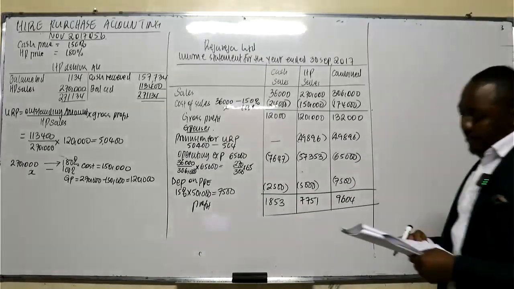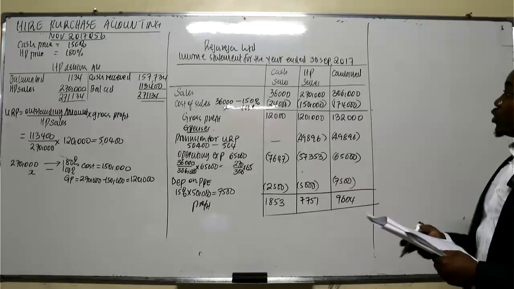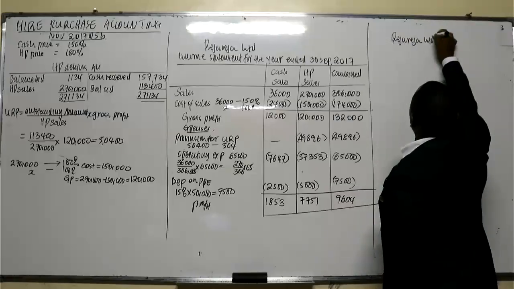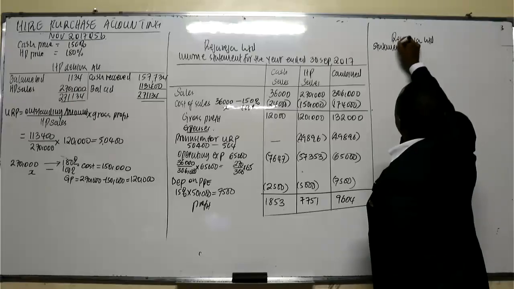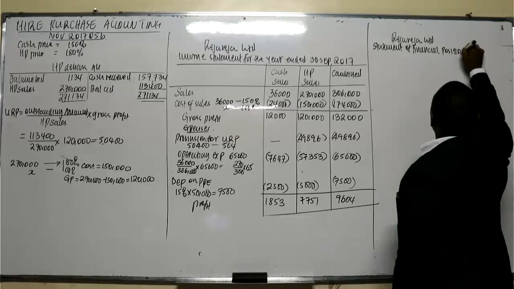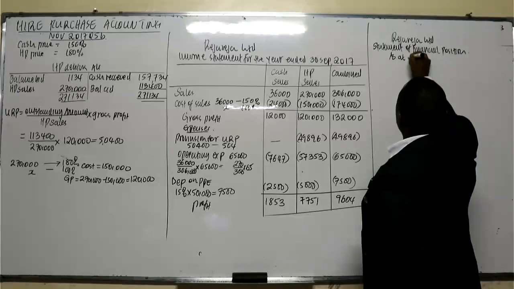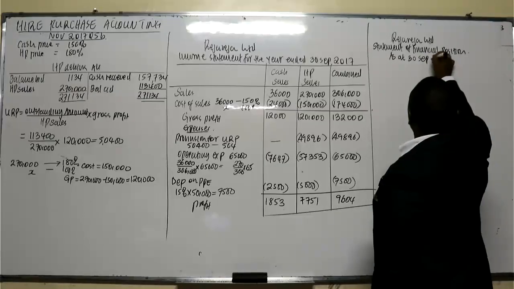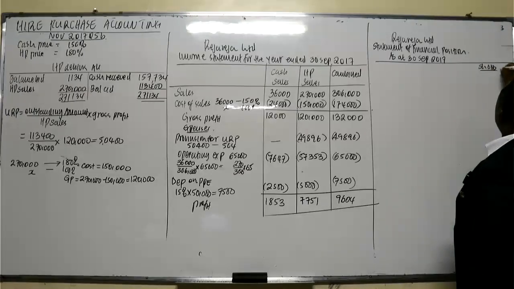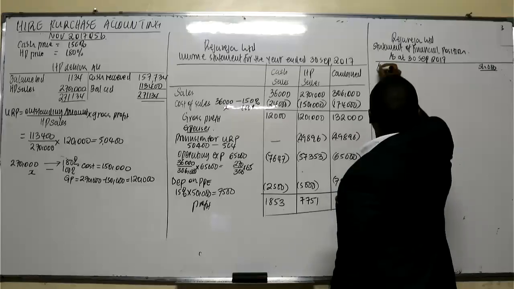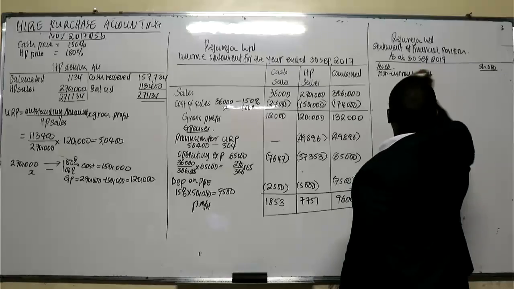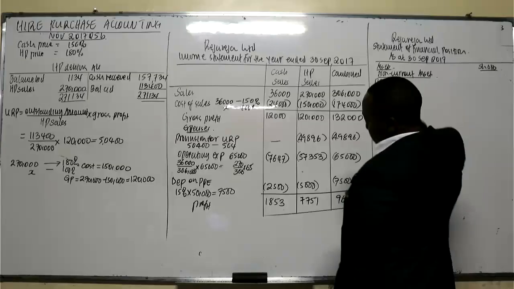Number 2 of the question. Now, number 2 to prepare the statement of financial position. So for non-current assets, we have PP.